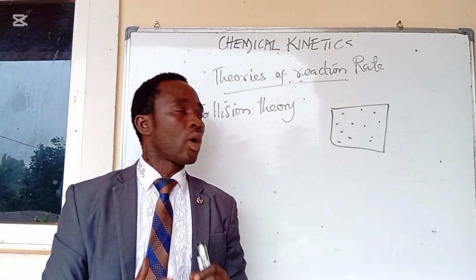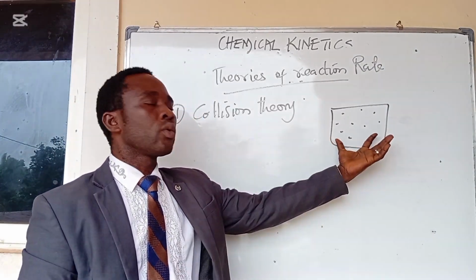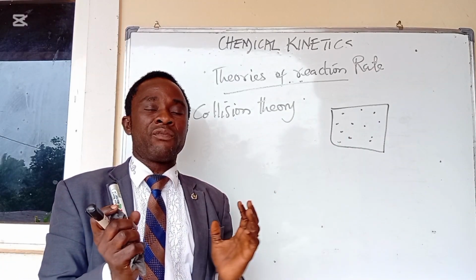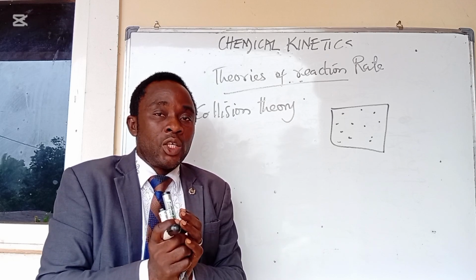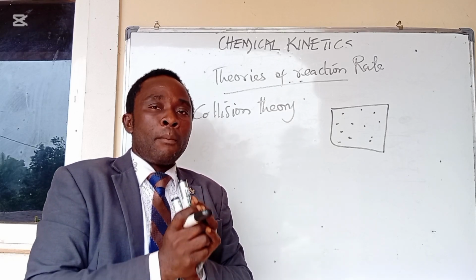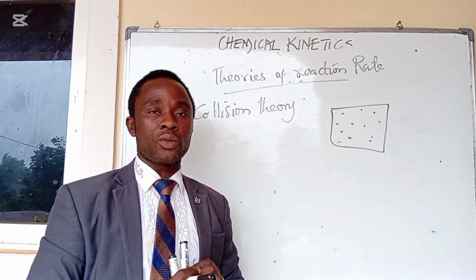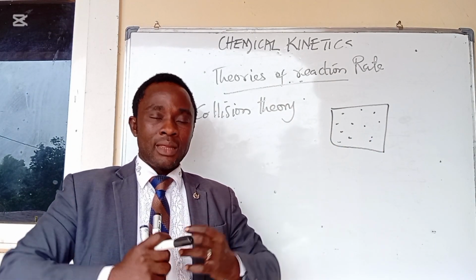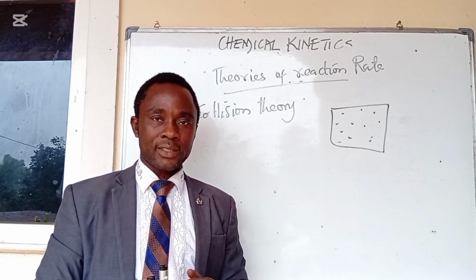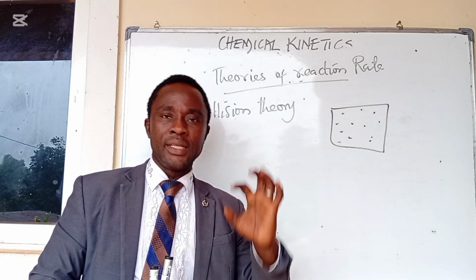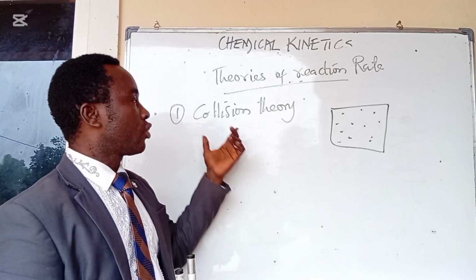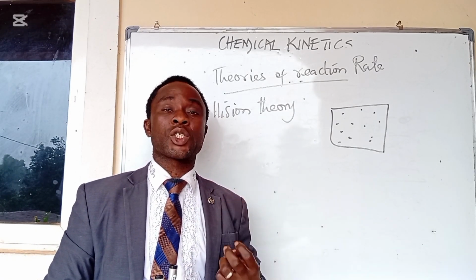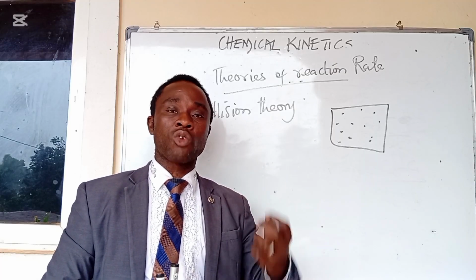And collision theory also holds that as reactant particles are colliding, they are gathering energy. Because if two things collide, their energy might increase due to increase in temperature. So as particles collide with one another, they build energy. That energy enables them to react. But there is a minimum energy that must be attained according to collision theory, before a chemical reaction will take place as a result of collision.